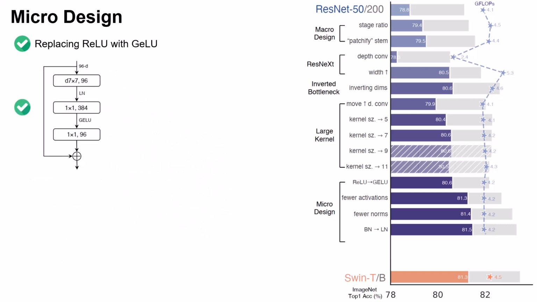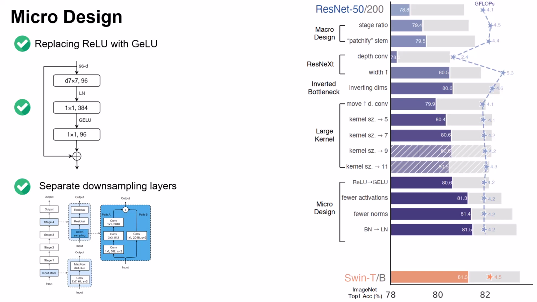And yeah, this is the new architecture block that has a layer normalization instead of batch normalization, a 7 by 7 at first, which has the same role as attention, and 1 by 1 convolution with the same role as MLP.